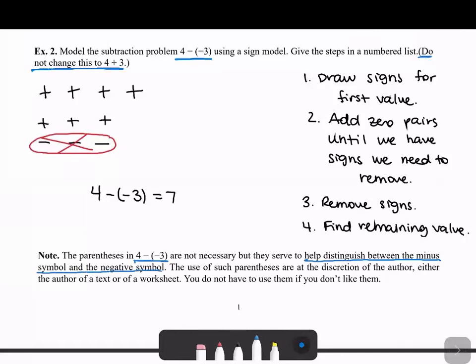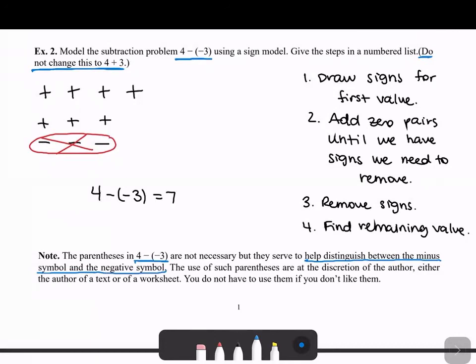Remember that that minus symbol is an action, and this negative symbol just describes the number. So you can use them if you like or if you don't. A lot of textbooks and worksheets do put parentheses around numbers with a negative sign just for clarity. But you don't have to use them if you don't want to. It's not more correct to do either way. It just helps with ease of reading.